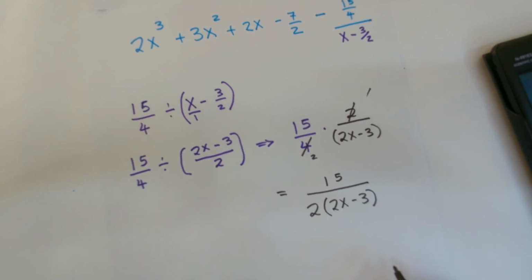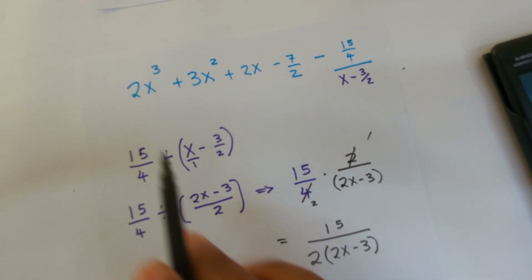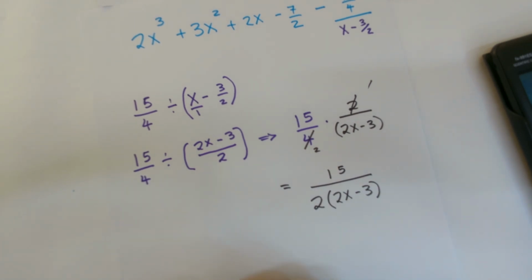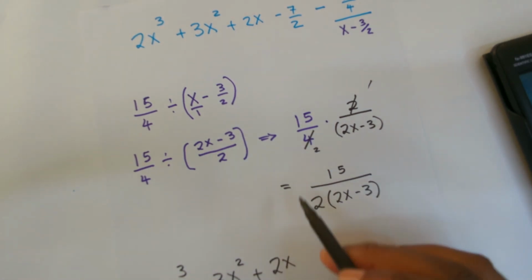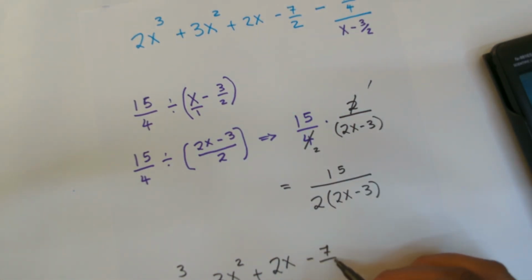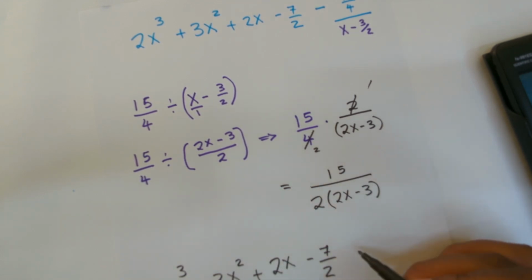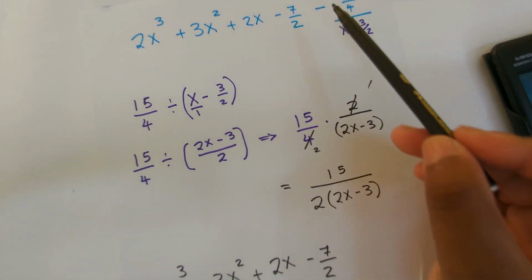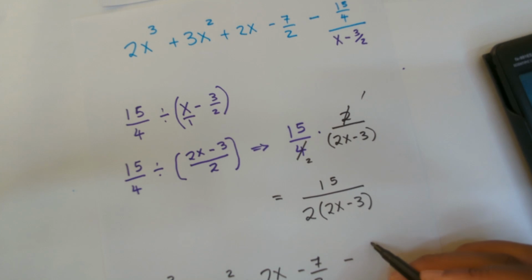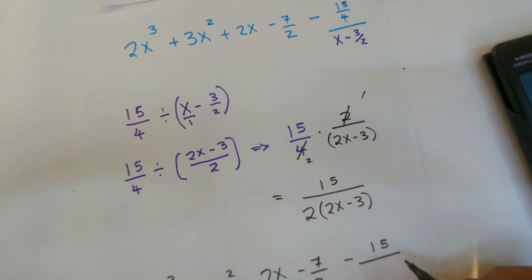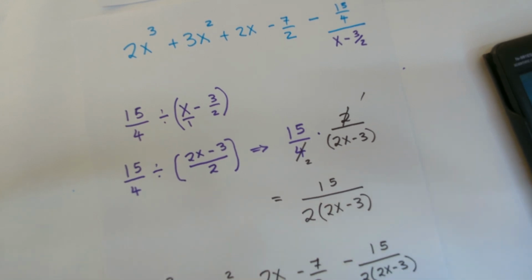Now let's write the final answer. So let's write our 2x to the power 3 plus 3x to the power 2 plus 2x minus 7 over 2, with our remainder, but let's not forget that there was a negative sign here. So let's keep our negative sign. It will be negative 15 divided by 2 times the bracket 2x minus 3.